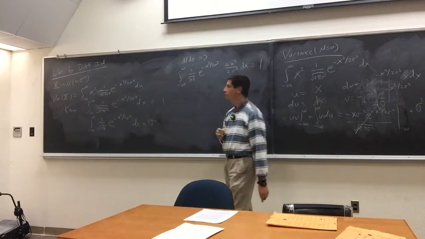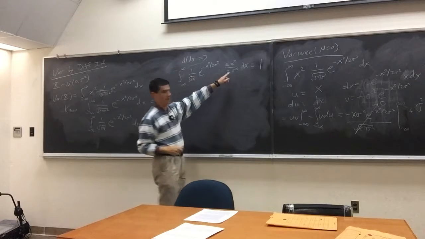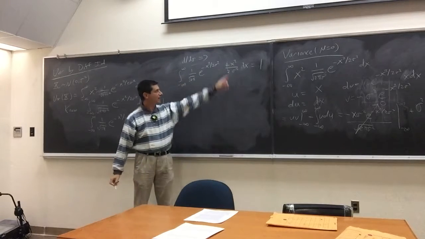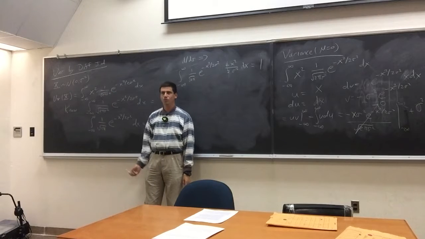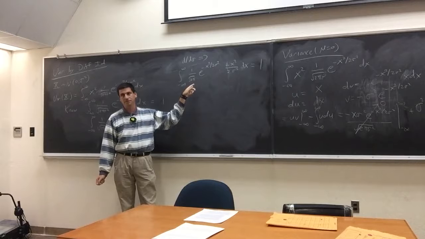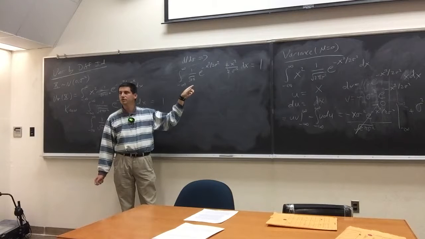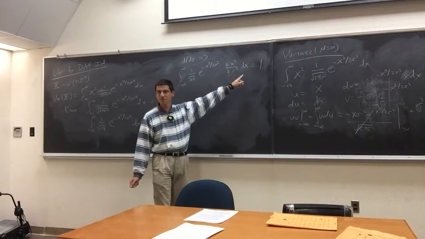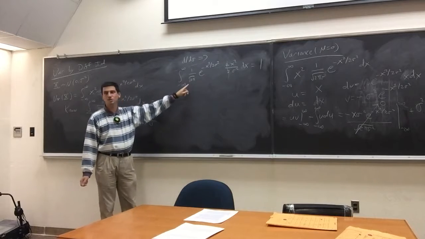Okay? So now let's look and see what's going on this side. The 2's cancel, which is nice. We have an x squared, which is looking a lot like what we want. What do we want to have down here? We want a square root of 2 pi sigma squared. So we want to take a sigma from the sigma cubed and move it into the square root of 2 pi.